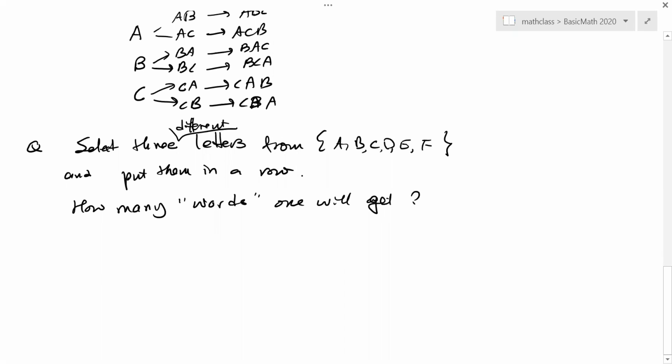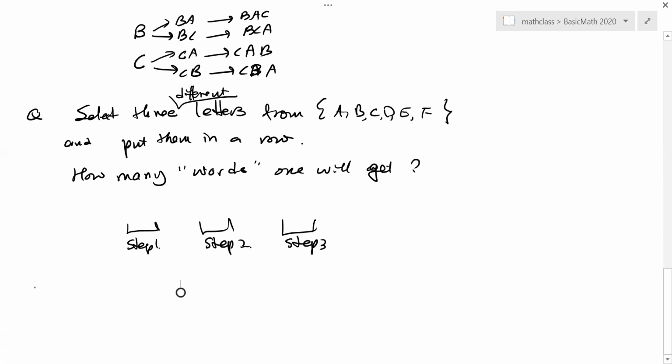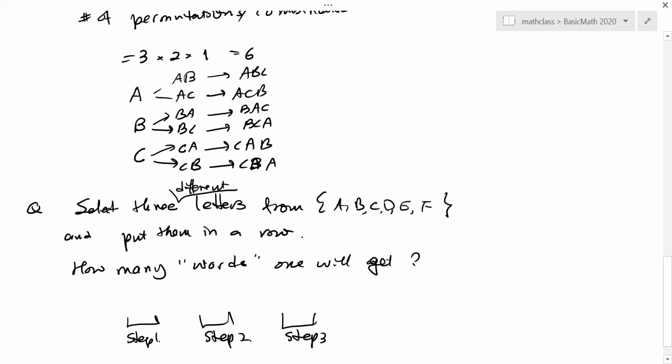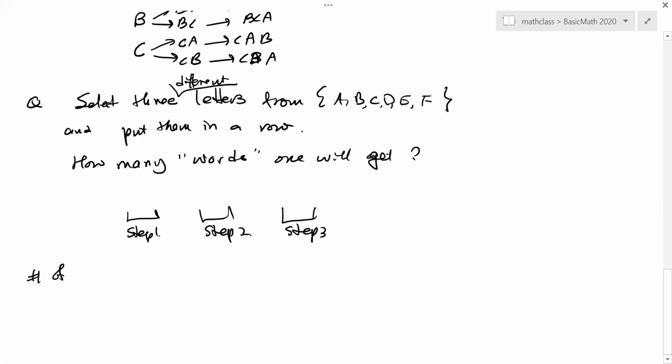Now you cannot write all of them. It's just too many, honestly. So you use the same idea: step 1, step 2, step 3. That's 3 steps. You write down the 3 letters, and we usually say number of choices.